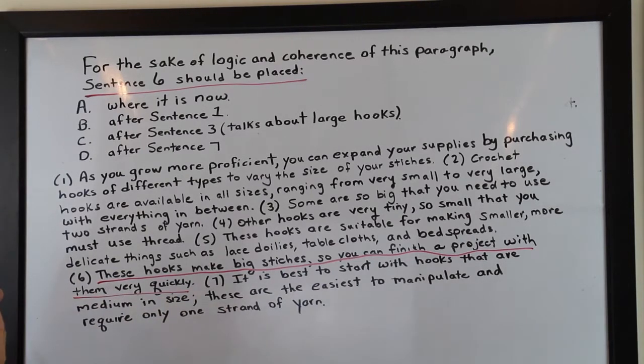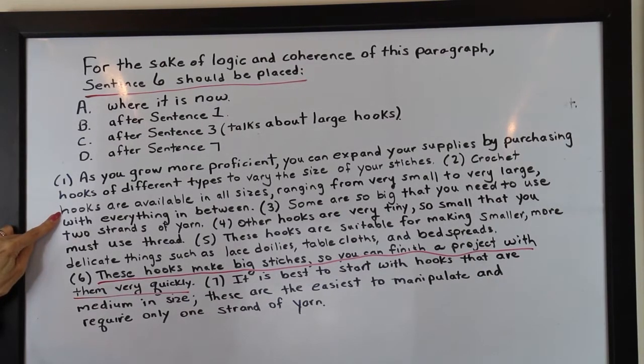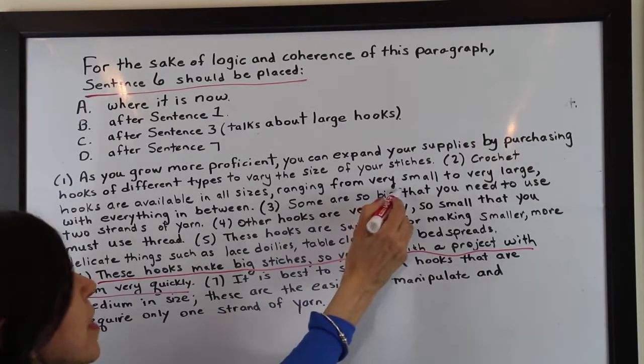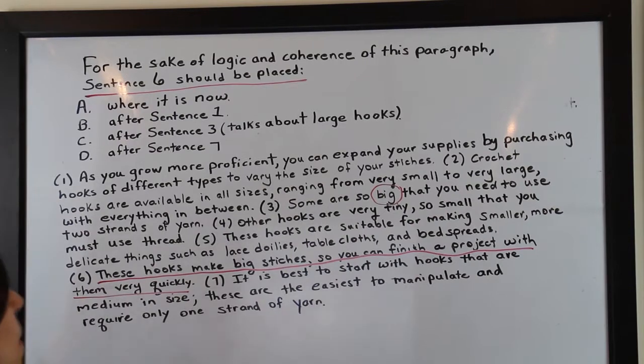As you grow more proficient, you can expand your supplies by purchasing hooks of different types to vary the size of your stitches. Crochet hooks are available in all sizes, ranging from very small to very large, with everything in between. Some are so big that you need to use 2 strands of yarn. So sometimes I like to circle keywords.